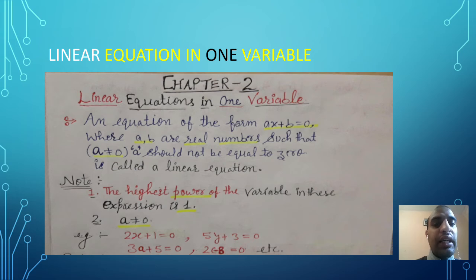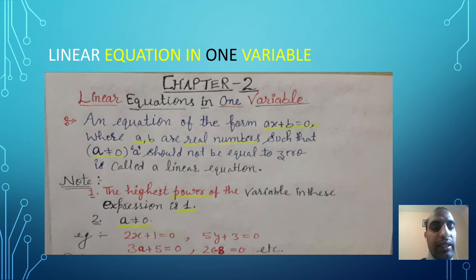Here the condition is that a is not equals to 0, or you can write it this way, a should not be equal to 0. It's called a linear equation. What are the important points here? First, the highest power of the variable in this expression is 1, and second, a is not equals to 0. These two conditions are very important when we are talking about linear equation in one variable.